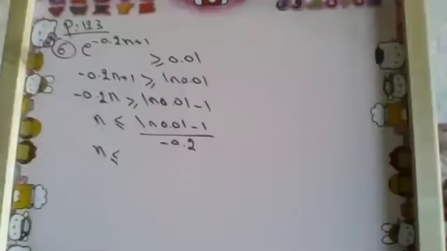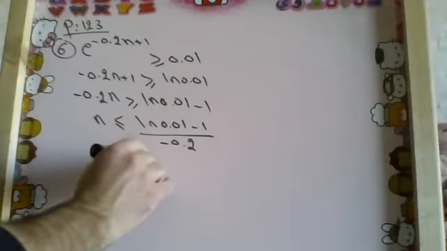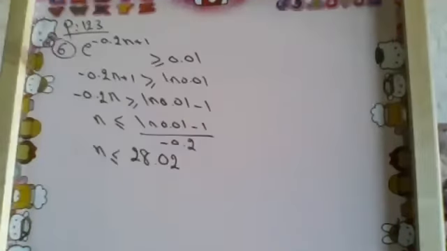Using the calculator, this number is 28.02. Good. So what is the largest integer less than 28.02? 28. So you have to answer the question. The largest integer satisfying this inequality is 28.